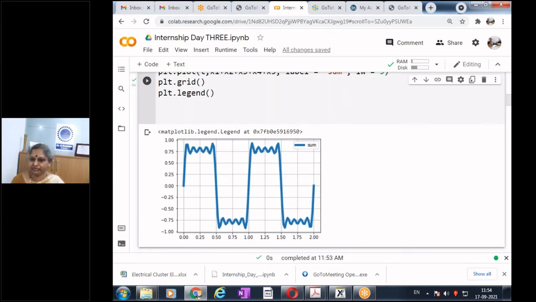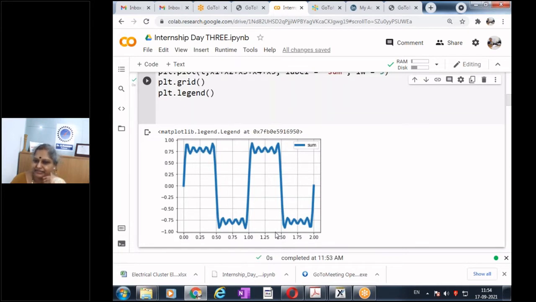What do you think it will become? Any guess? If I add some more terms to the summation, what do you think this waveform will become?